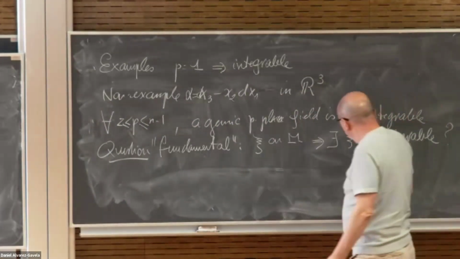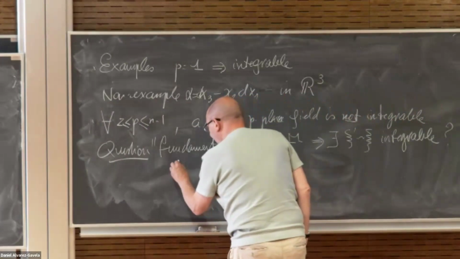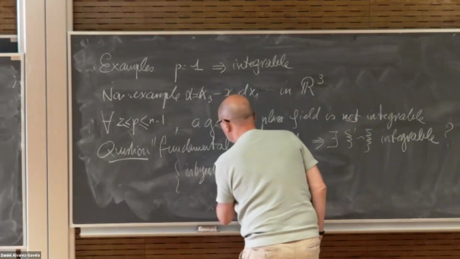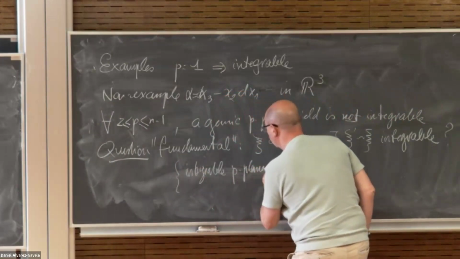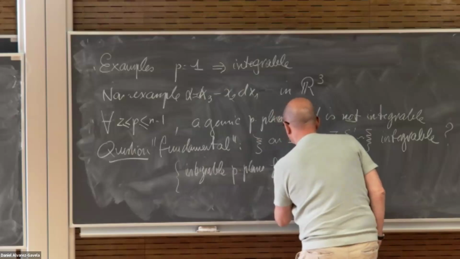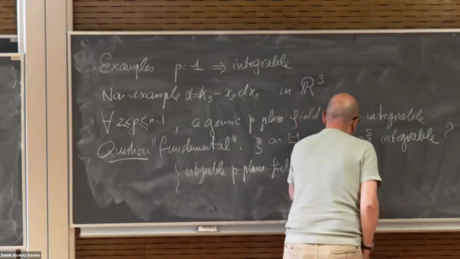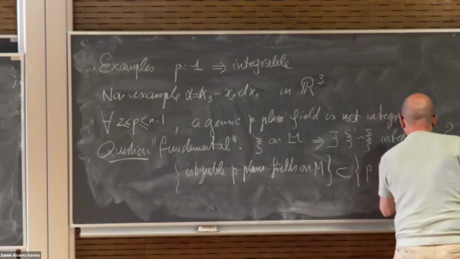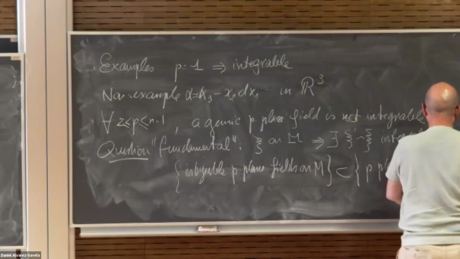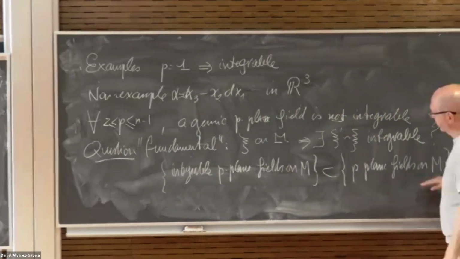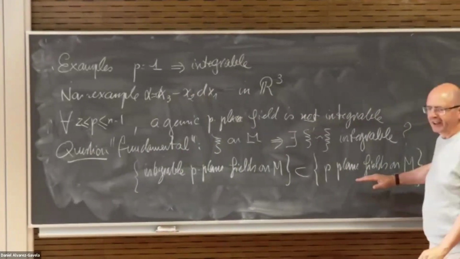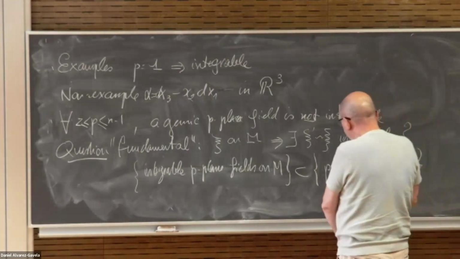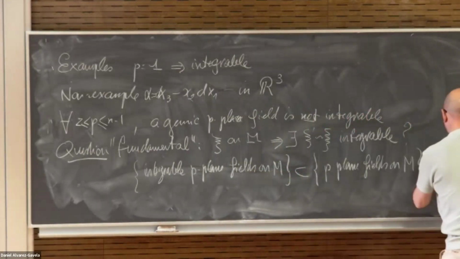If you like, from a modern viewpoint, we can think of the space of integrable p-plane fields on M in the space of all p-plane fields. We could think rather naively that this is a kind of formal foliation, a non-integrable p-plane field, and ask if this is a homotopy equivalence.